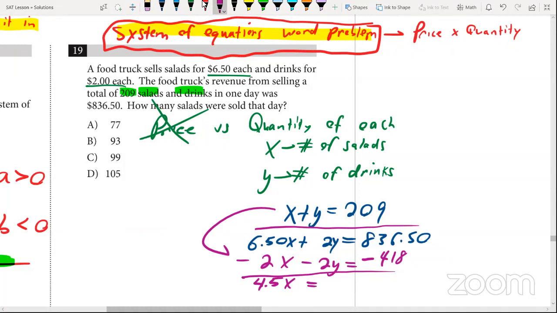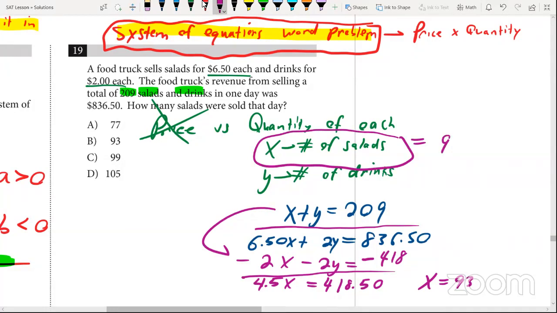And 836.50 minus 418 is 418.50. And divide both sides by 4.5. And you get X is 93. And X was the number of salads. And that's what they're asking us for. And it's 93. So the answer to number 19 is B.